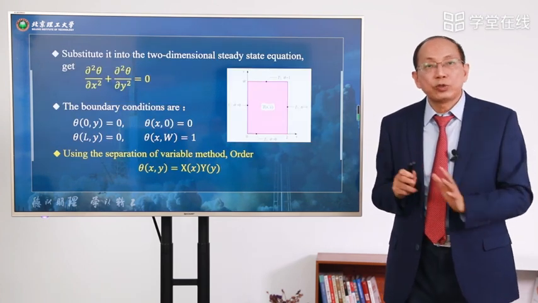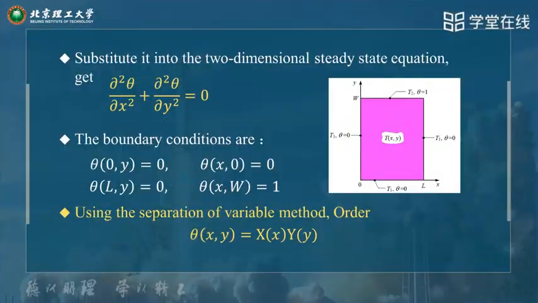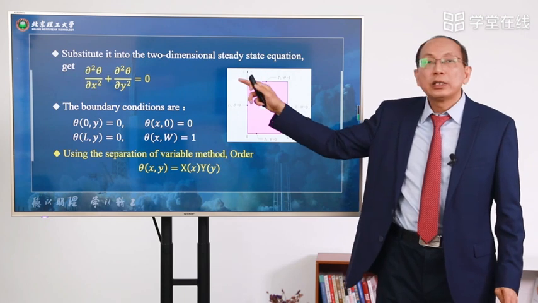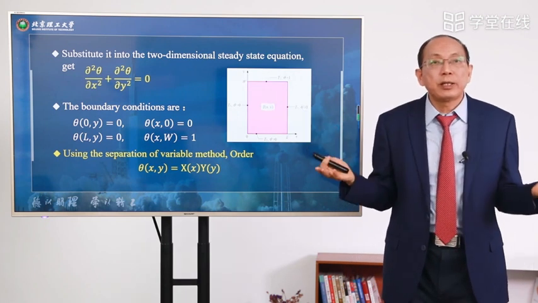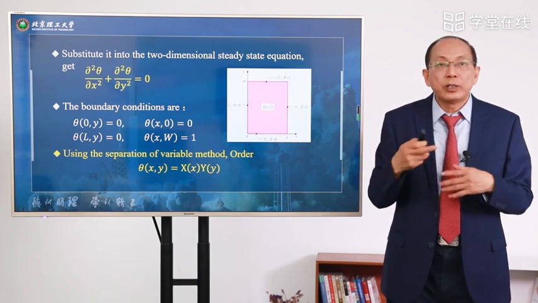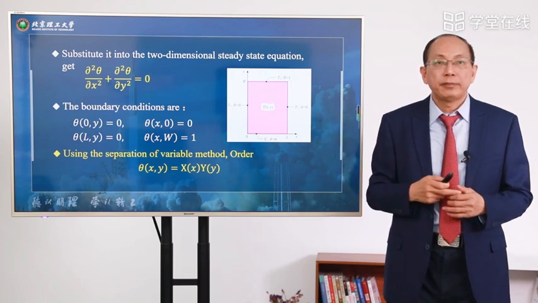When we do this change, we can substitute it into the two-dimensional steady-state equation. We obtain the equation: partial squared theta over partial x squared plus partial squared theta over partial y squared equals 0. So the equation has the same shape, but the variable becomes theta.